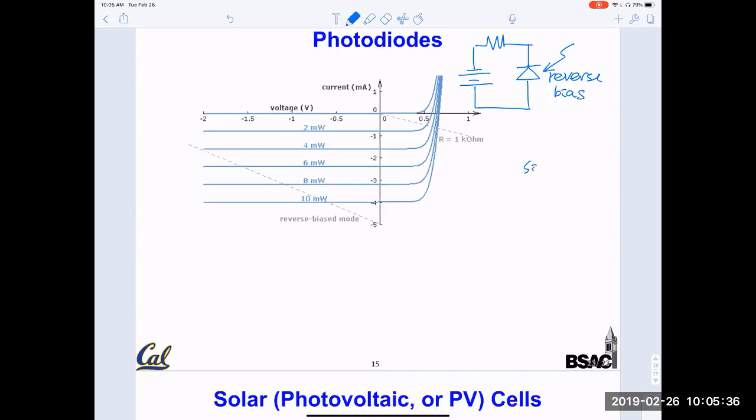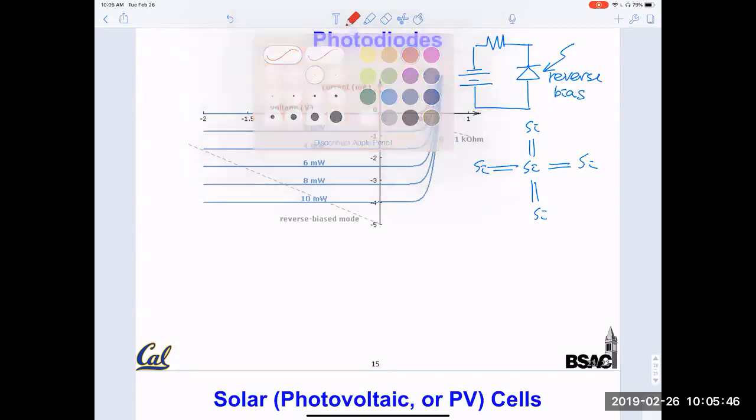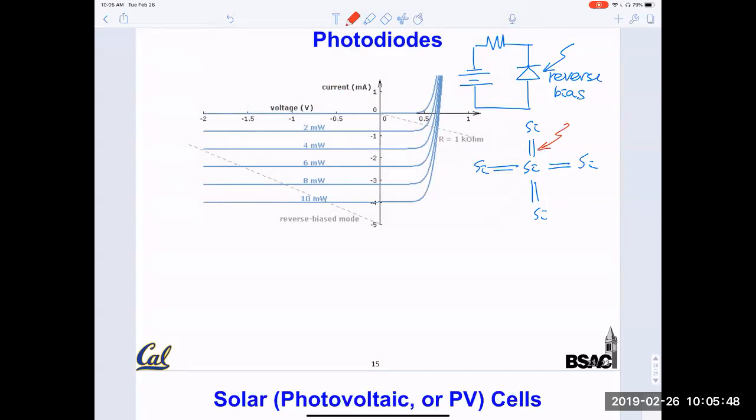Think of the silicon lattice. When there's sufficient energy, when light hits, it will knock out the electron. A bond has 2 electrons, so you create one free electron here, leaving one hole. So light creates an electron-hole pair.